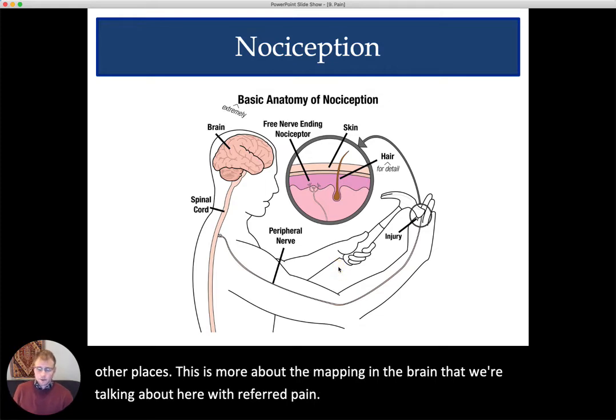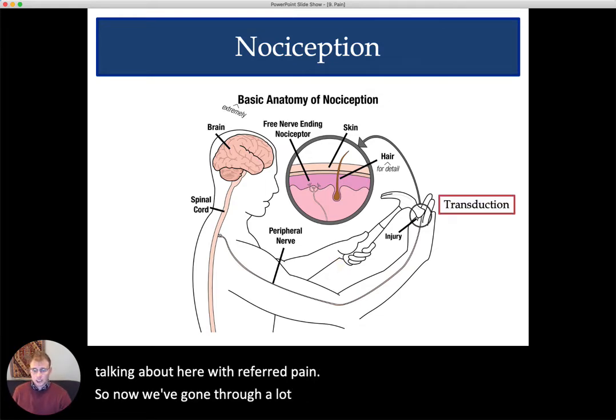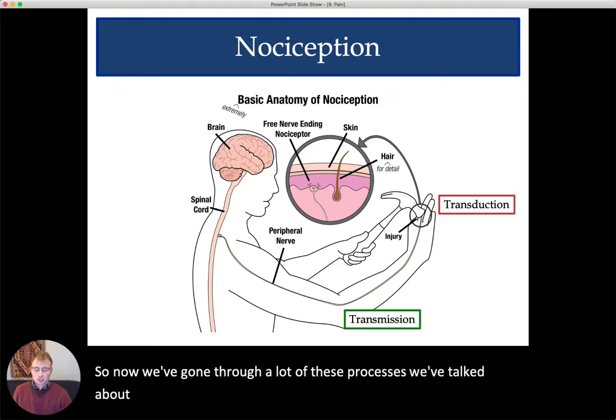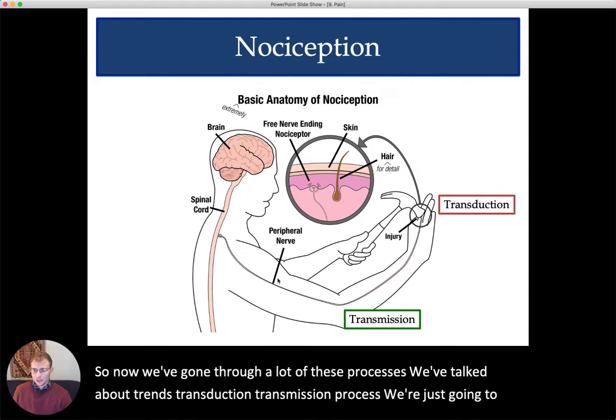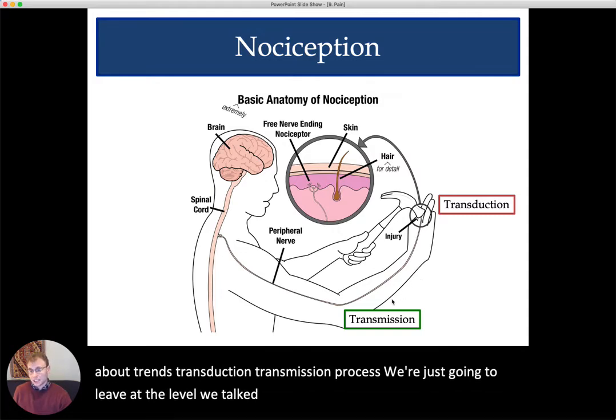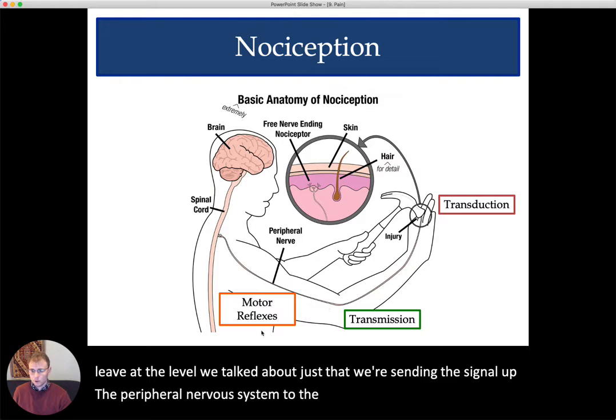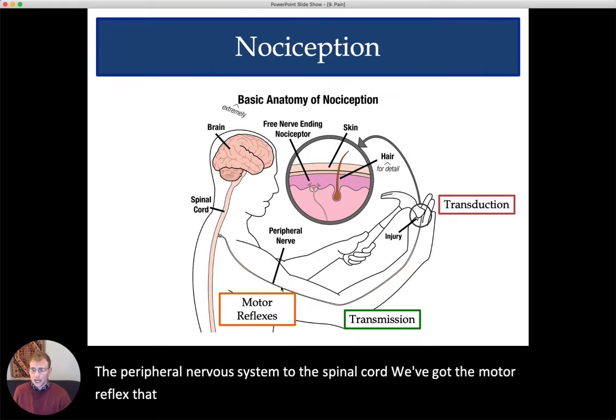So now we've gone through a lot of these processes, right? We've talked about transduction, the transmission process. We're just going to leave it at the level we talked about, just that we're sending this signal up the peripheral nervous system to the spinal cord. We've got the motor reflex that can come online at this point to pull your hand away to prevent further damage from occurring.